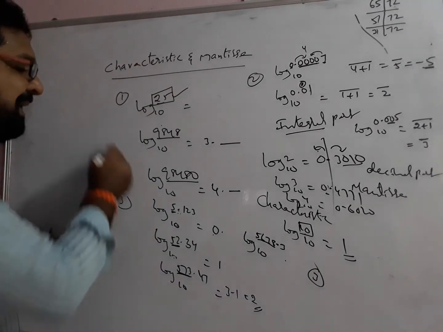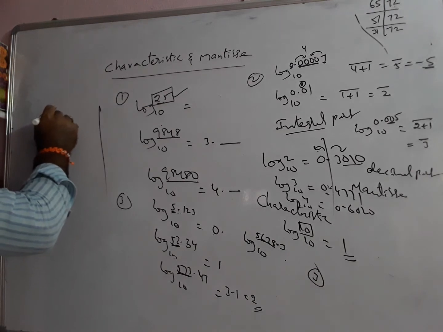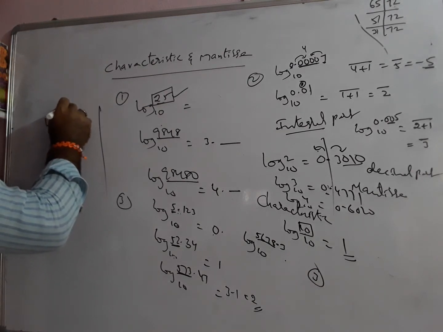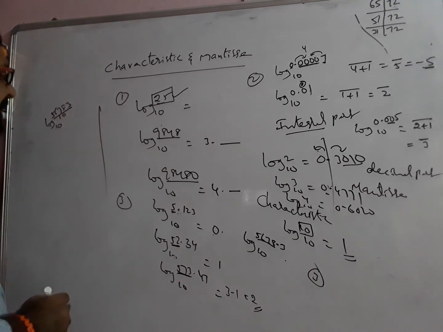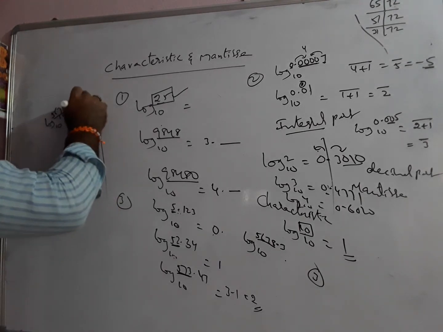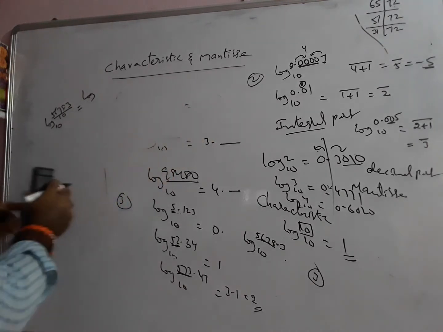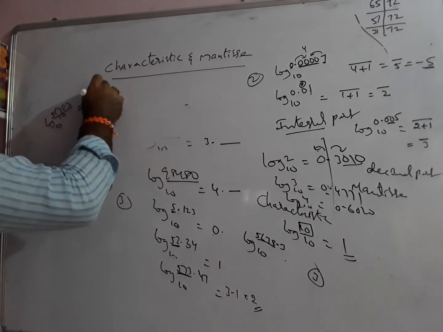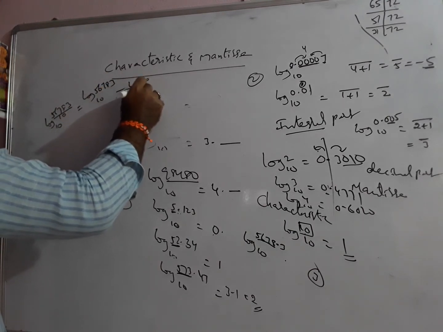If I check deeply, see here logarithm of 5678.3 can be written as 56,783 by 10 to the base 10. So this can also be written as logarithm of 56,783 to the base 10 minus log 10 to the base 10.